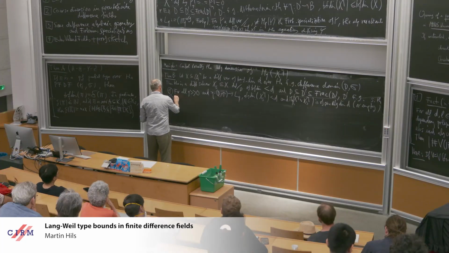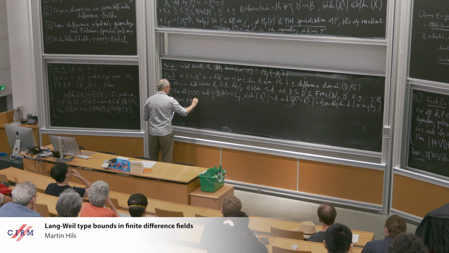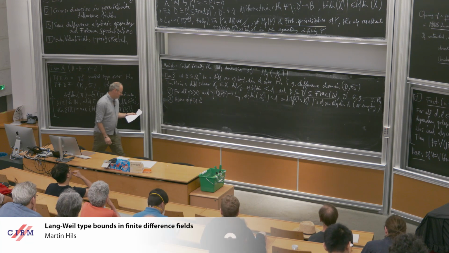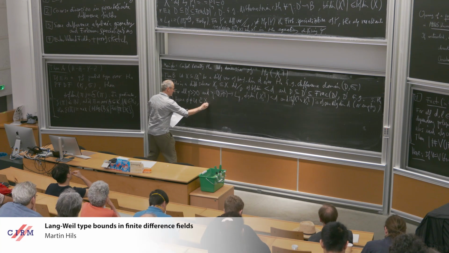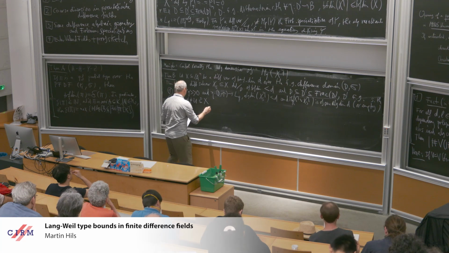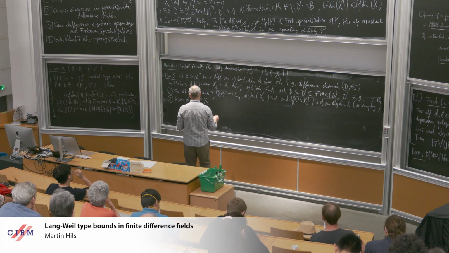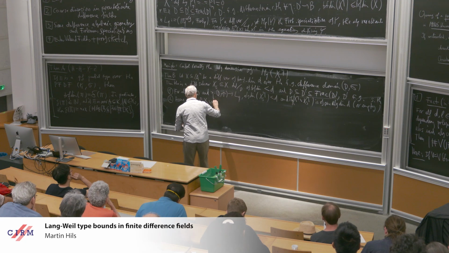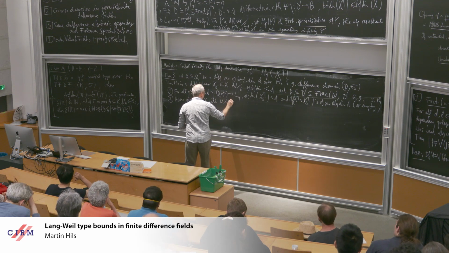Now the count. So assume you have a non-empty open subvariety U defined over F over D as well.